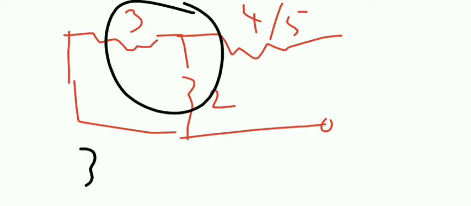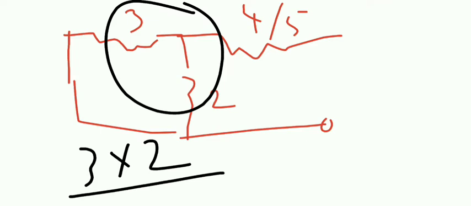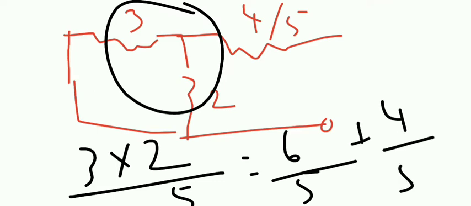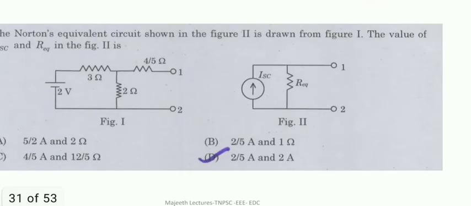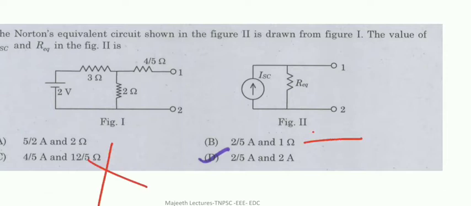So it is giving 3 into 2 divided by 3 plus 2, so it is equal to 6 by 5, plus this 4 by 5 should be added. So 6 by 5 plus 4 by 5 is equal to 10 by 5, that is equal to 2 ohm. So R Norton is equal to 2 ohm. So this is wrong. Only options A and D are right.